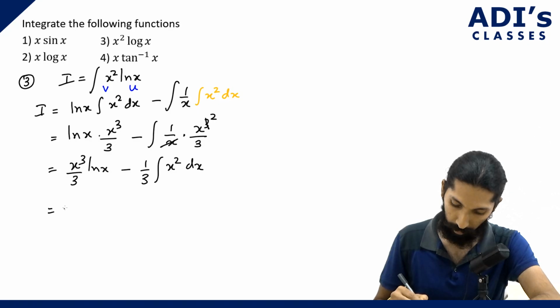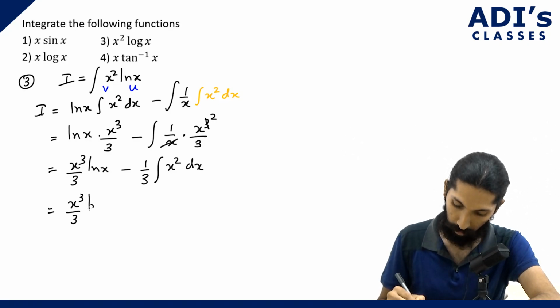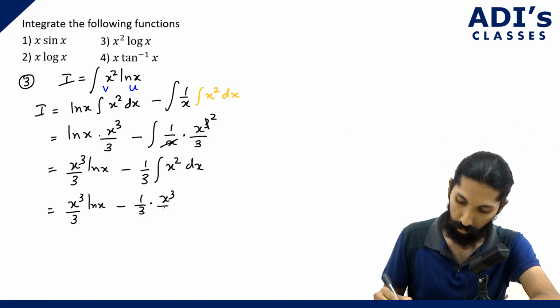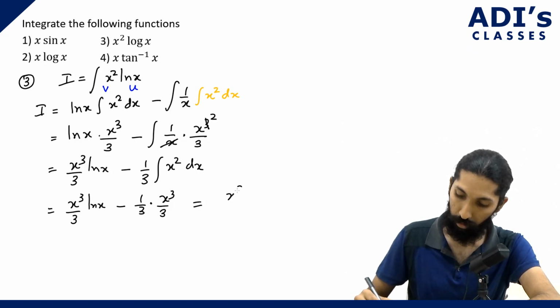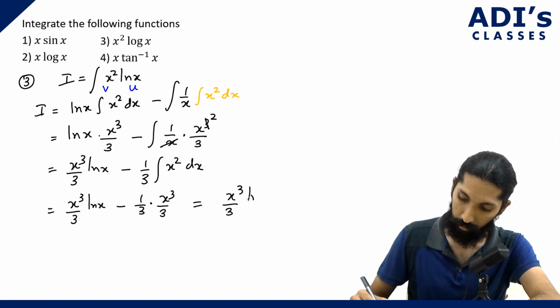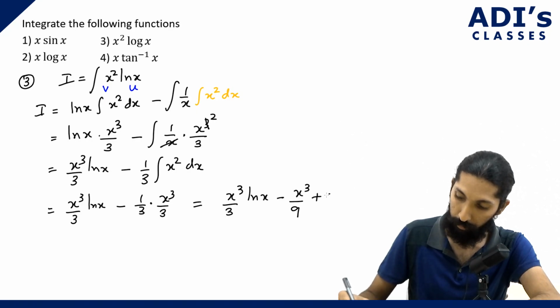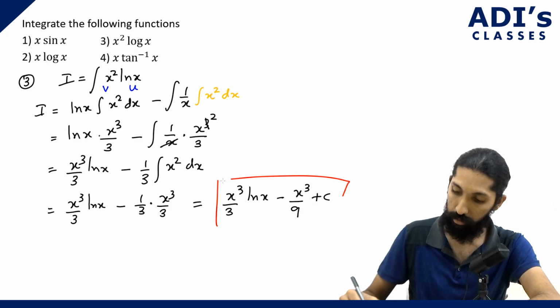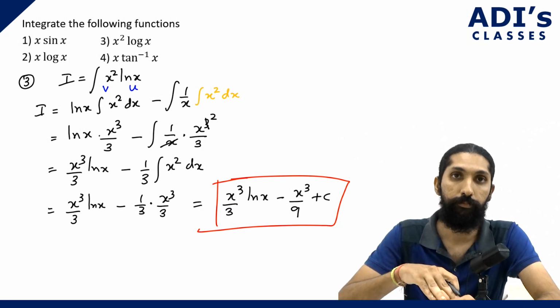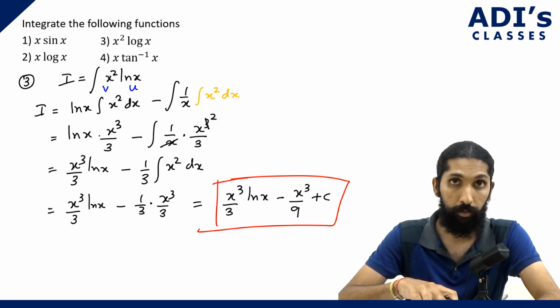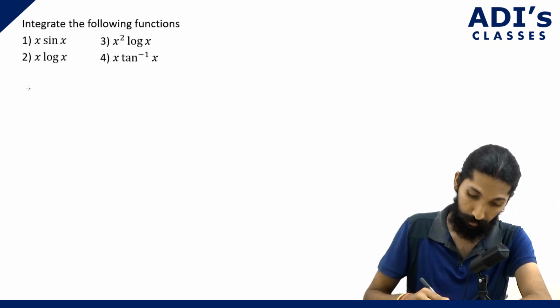Now you have x cube by 3 log x minus 1 by 3 into x cube by 3. So the final answer, we can write x cube by 3 into log of x minus x cube by 9 plus c. So this is going to be the final answer for the third question. I hope this is clear how to go about it, right? Now in the next one, we'll see the fourth one.